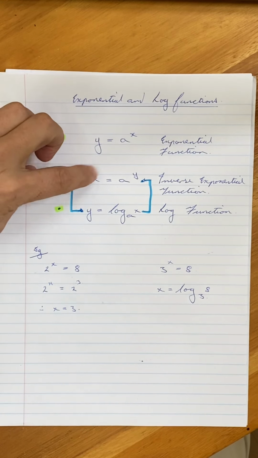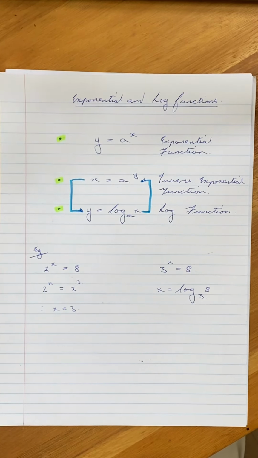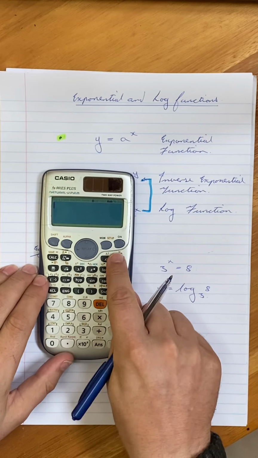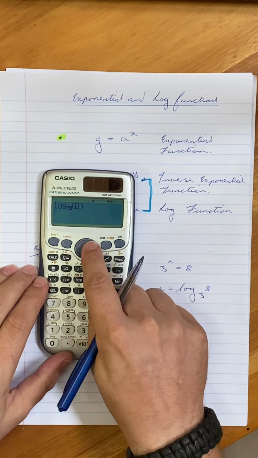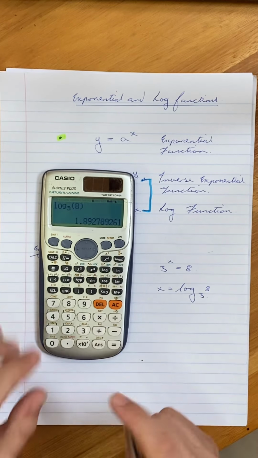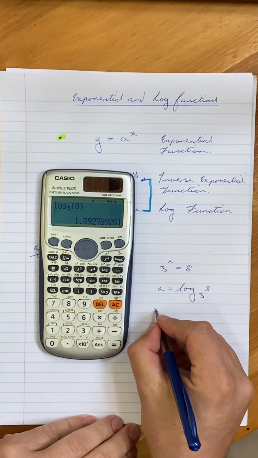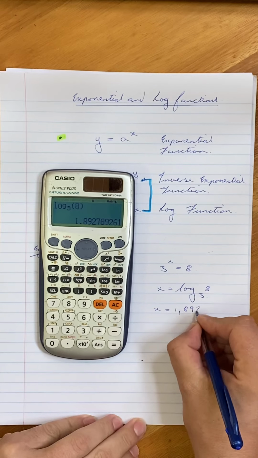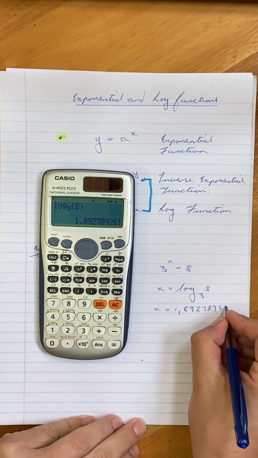Okay, so just use this. And what we can do now is use the calculator to help us find out what this answer is. So on your calculators, you're going to go log base 3 and 8. And we get that x is equal to 1.8927892261.